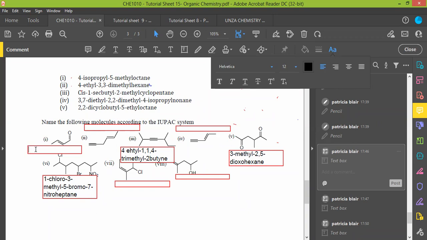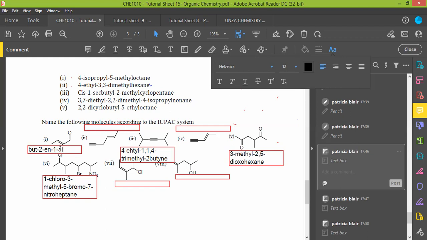Or you can begin the name with but, then 2, then this, then En. So this En represents a double bond. If the molecule was saturated, it is supposed to have An. Now, since it has a double bond, it is going to have En. Or here, you can do the same.